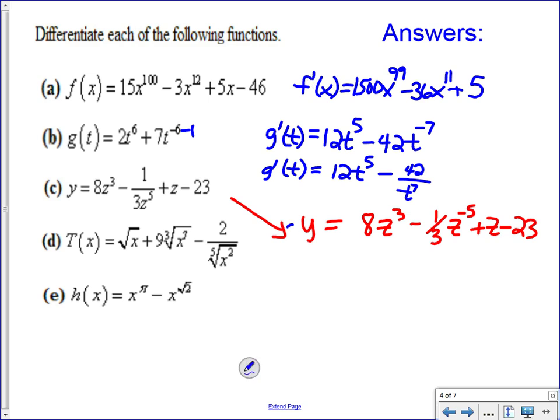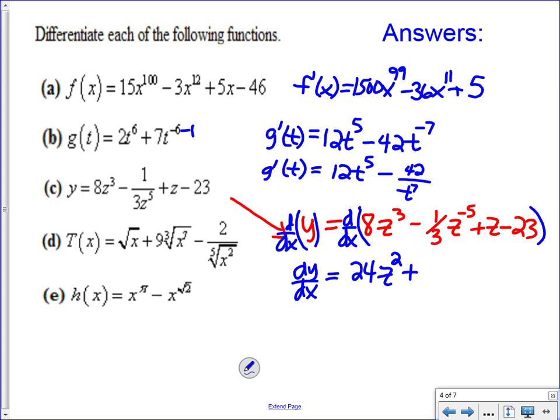So I'm going to use our derivative operator. And so we'll get dy over dx equals 3 times 8 is 24, z squared. Okay, now we're multiplying -5 times -1/3.